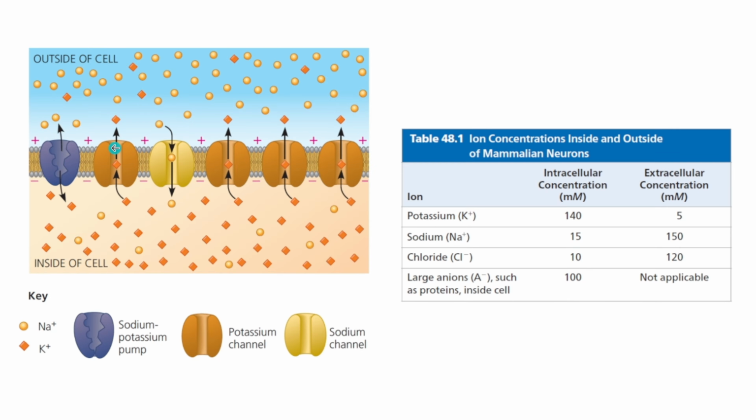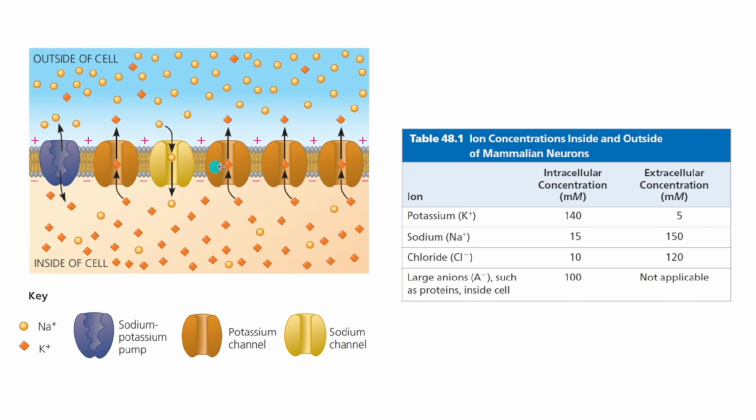Why? Because the potassium channel amount is higher than sodium channel. You can see in this diagram there are 4 potassium channels, but only 1 sodium channel. And don't forget that we have the pump, which still maintains it, because sodium ion is pumped out from the cell and potassium ion is pumped into the cell. So it is maintaining.